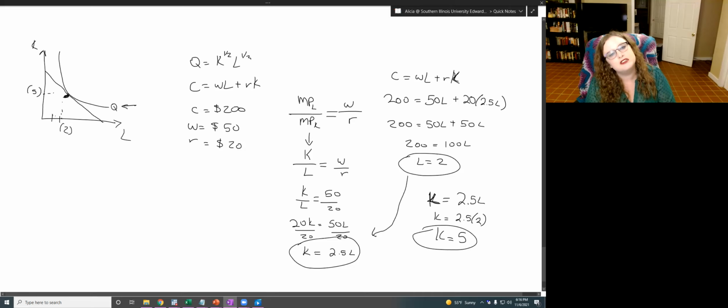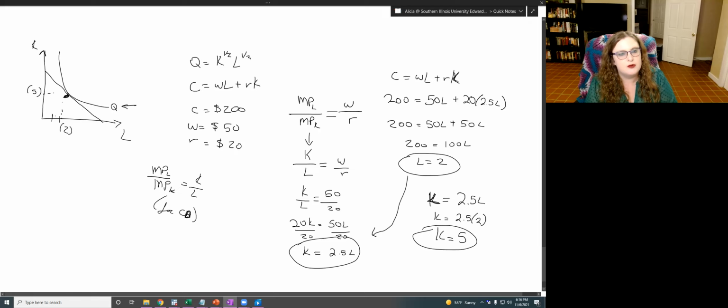And at that point, we get to the point where we are hitting the most that we could possibly produce. We know this because MPL over MPK is just equal to K over L for Cobb-Douglas.